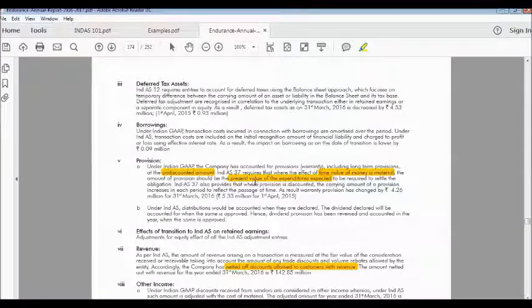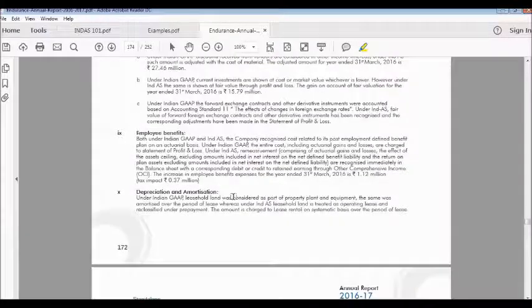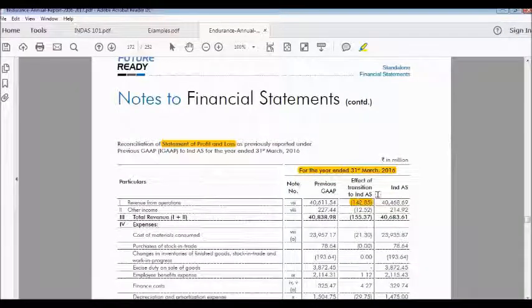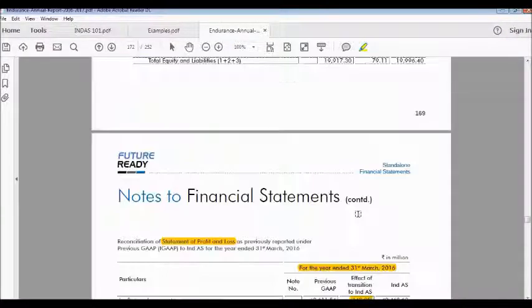Because of discounting, the effect is this amount. So you can check the explanation of why there is a difference in amount from previous GAAP to Ind AS.